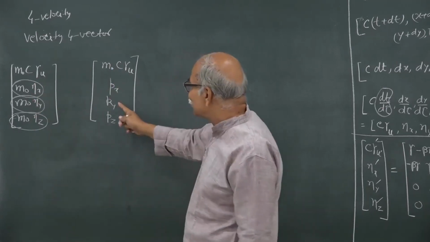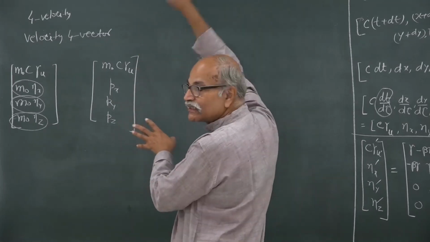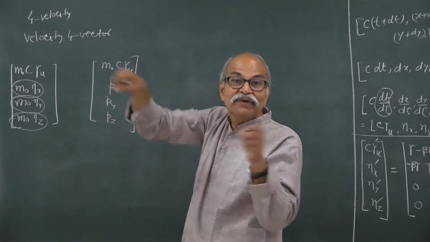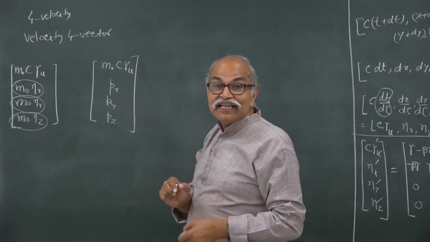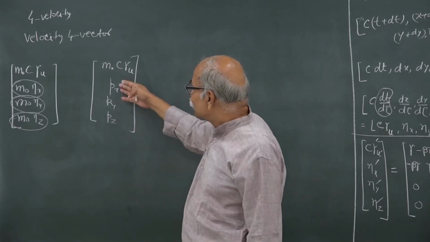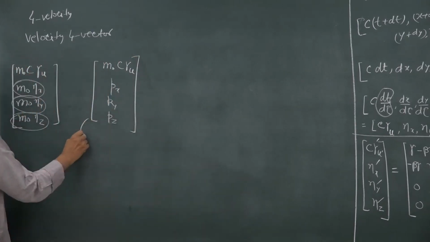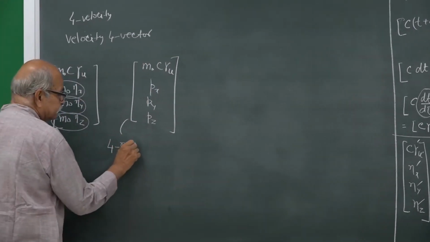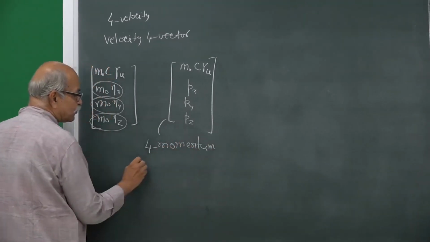So, the linear momentum, if I define it in this way, m naught times v divided by square root of 1 minus v square by c square, if the particle velocity is v. If I define it that way, this is also a 4 vector and this is called the 4 momentum, or momentum 4 vector.